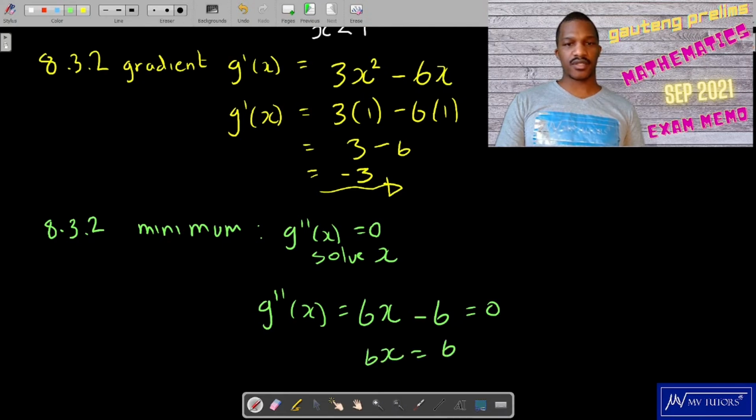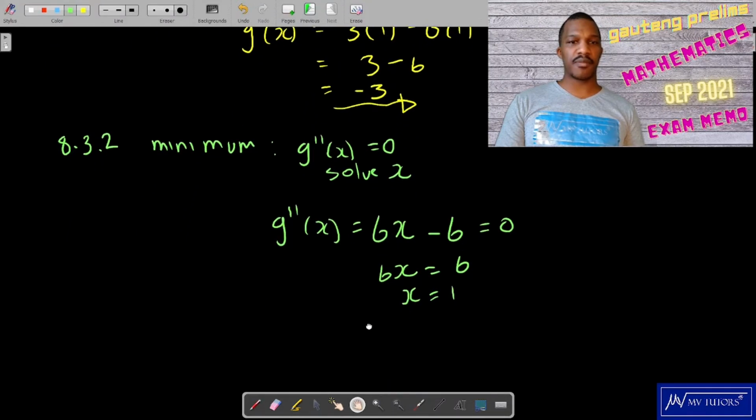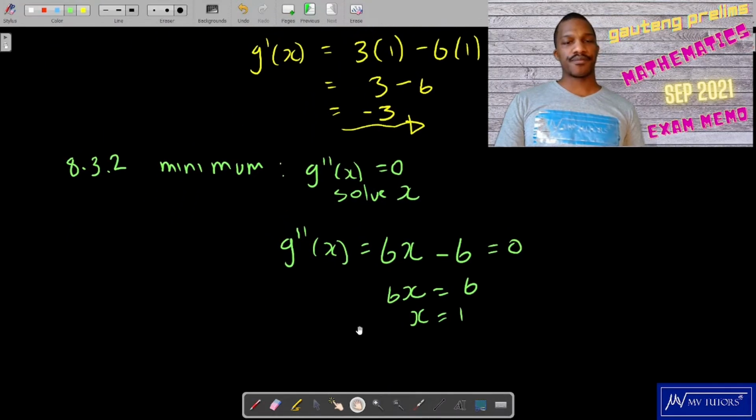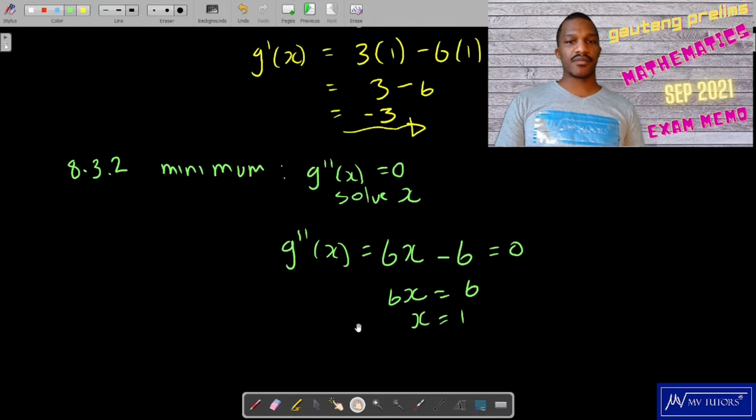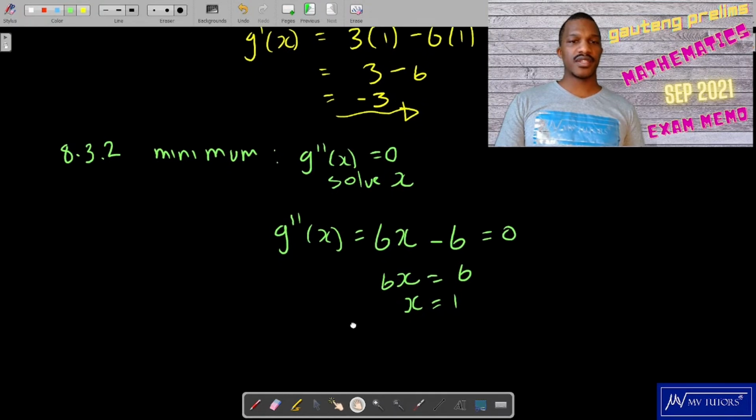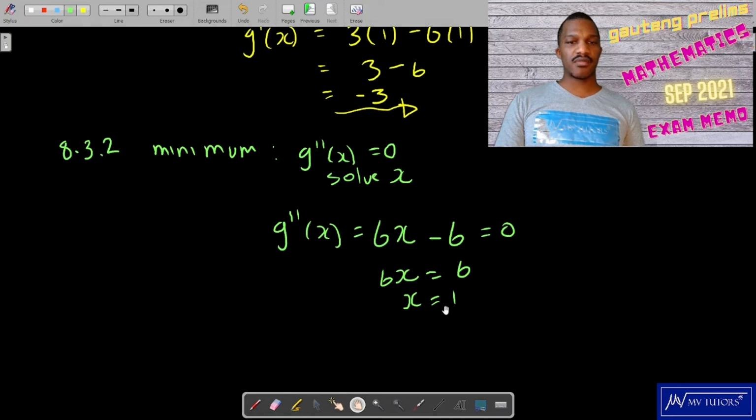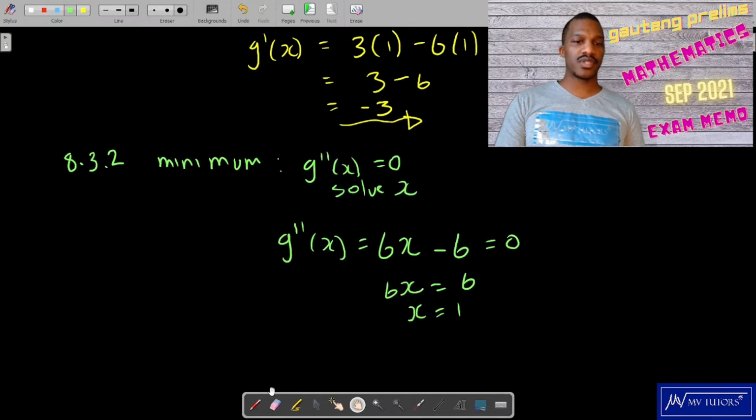If I take the 6 to the other side and then divide by 6 on both sides, I'll get that my x is 1. So this is the absolute minimum. Okay, and then what we have to do then is take this minimum value and put it into the original equation, g of x.